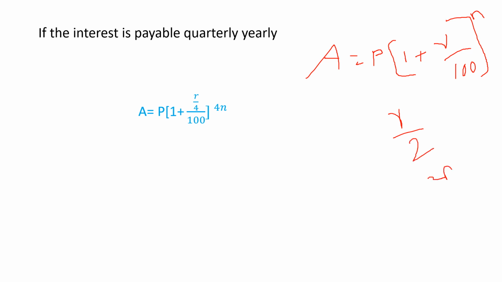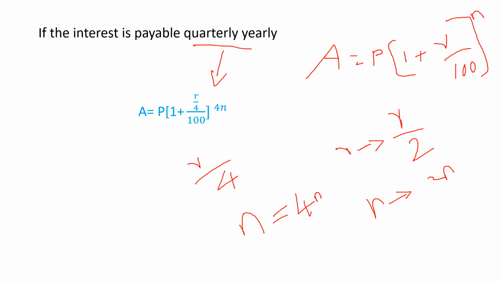When it comes to quarterly, we replace R as R by 4 and n as 4n. So what is the formula for quarterly? Amount equal to principal into 1 plus R by 4 by 100 the whole power 4n. Like this you can compare and study.